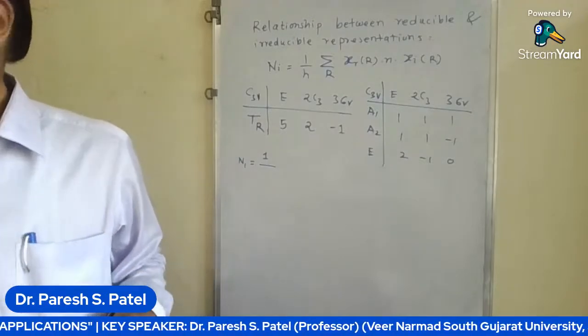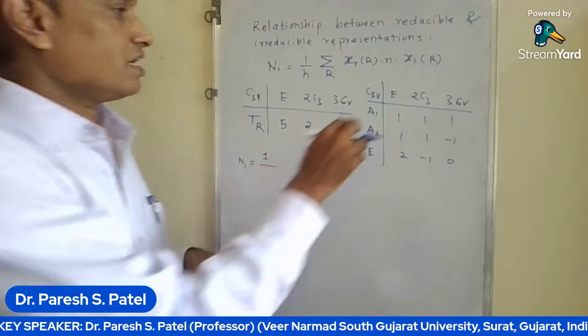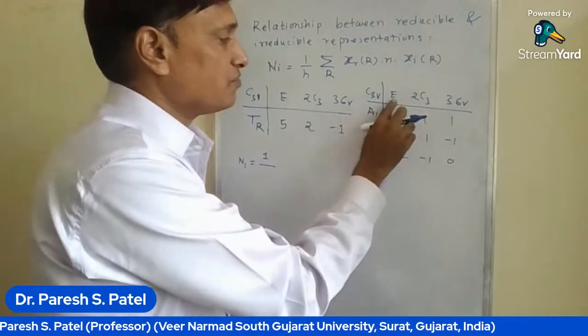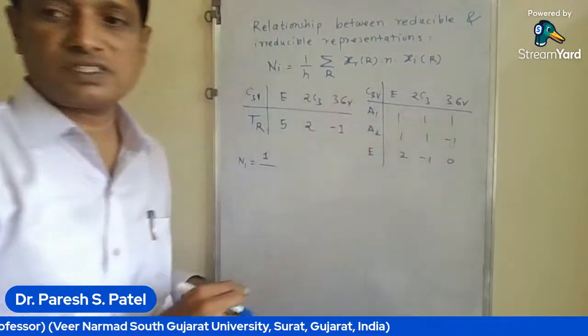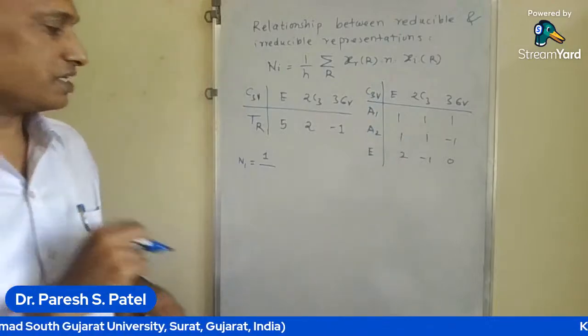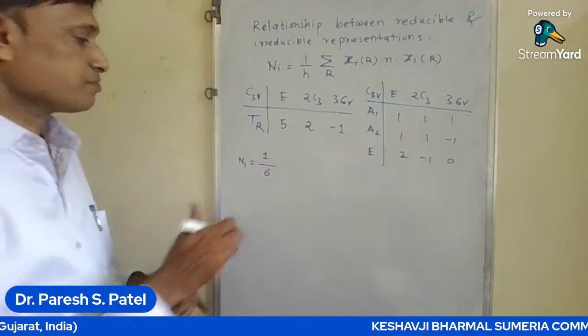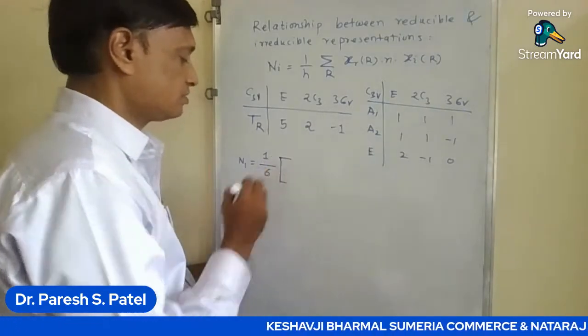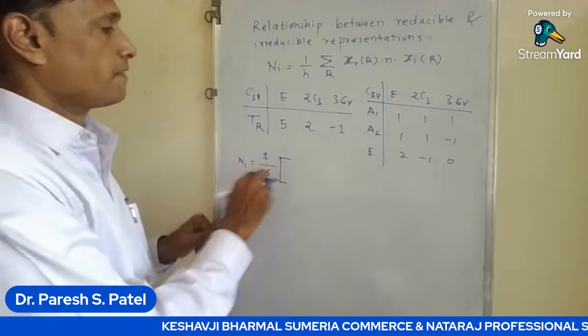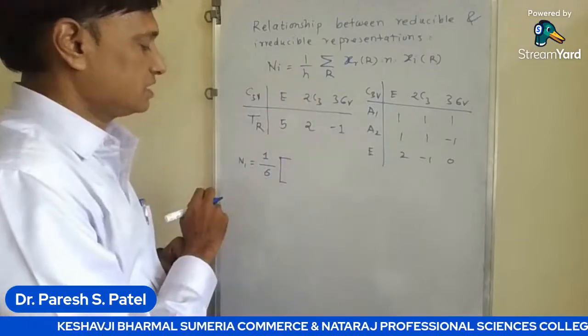Here we have identity as 1, 2 C3, and 3 σv. It means the order of the group is 6. So h is equal to 6.